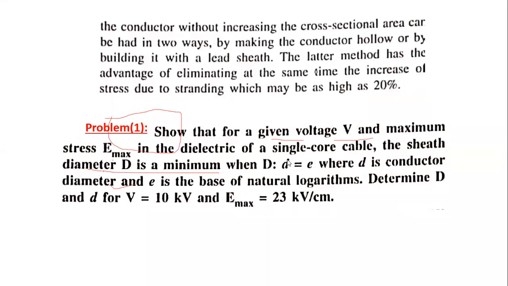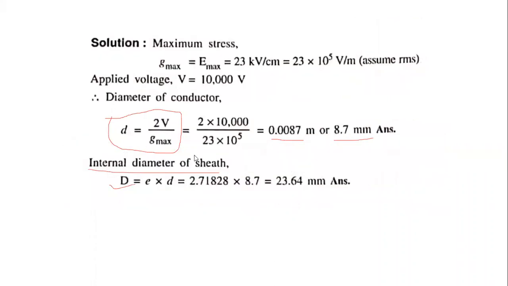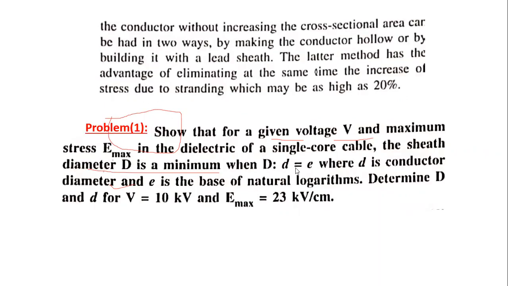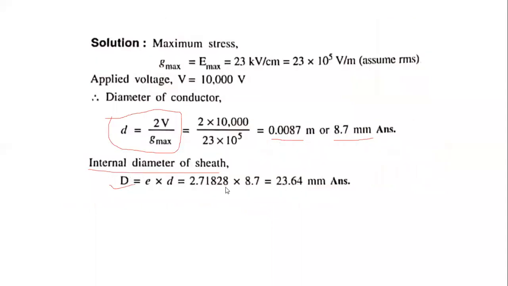In the question it is given that D/d is equal to e, where d is the conductor diameter and e is the base of the natural logarithm. Then we substitute, capital D is equal to e into d.